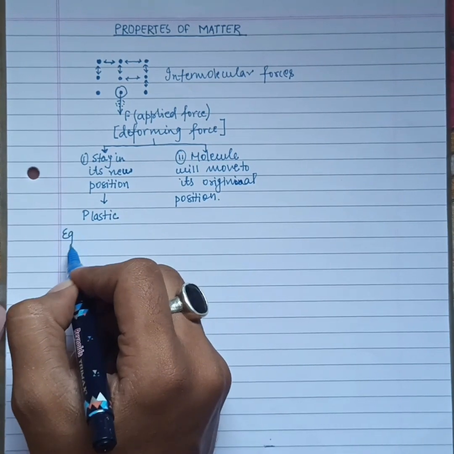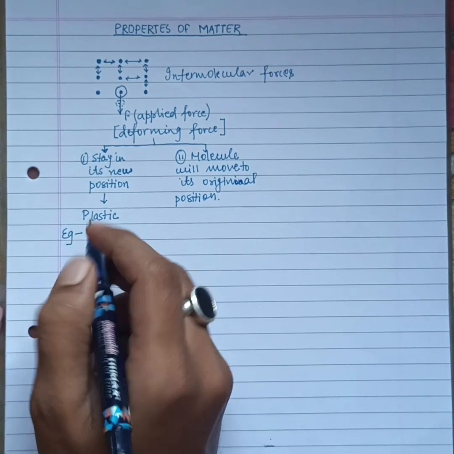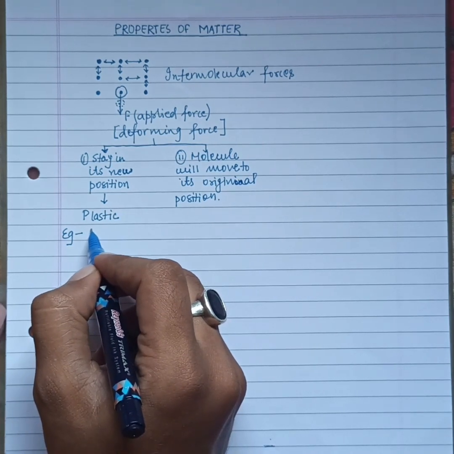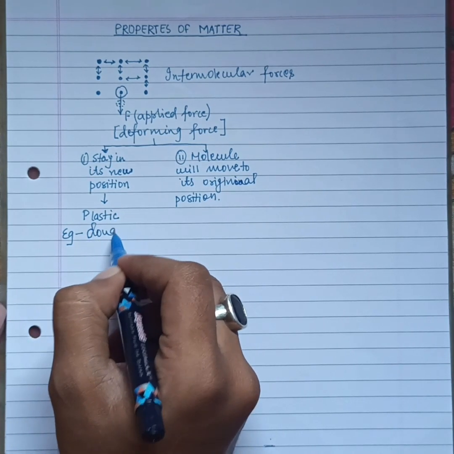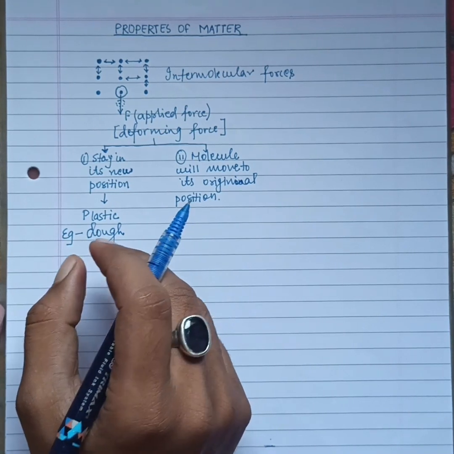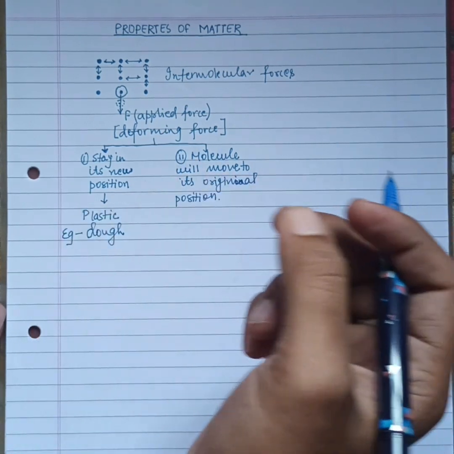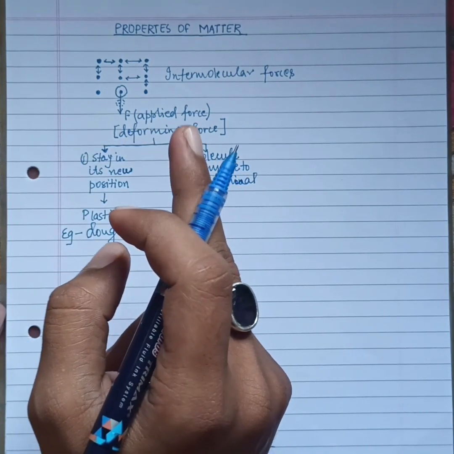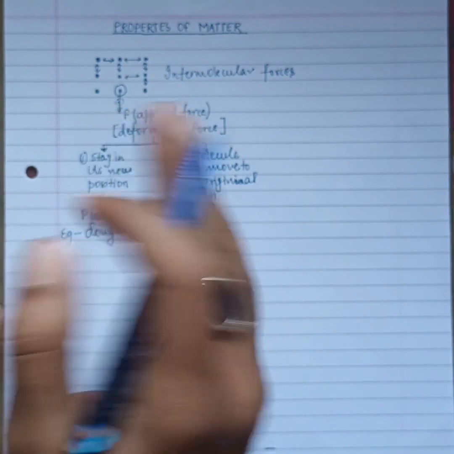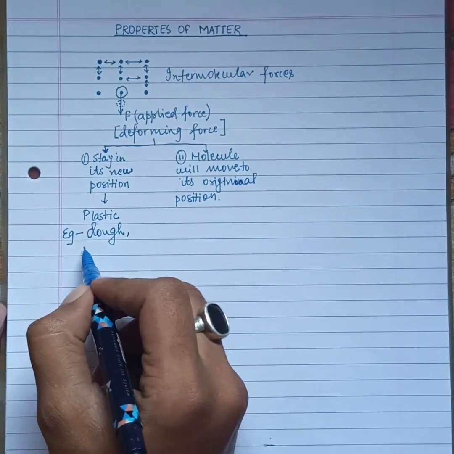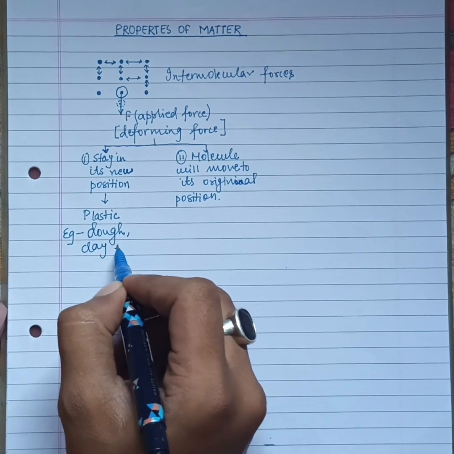For example, you might have seen dough, which mummy kneads. When you press the dough, its shape changes, and when you remove the force, the shape of the dough does not come back to its original shape. We can also consider clay. These are easy examples.